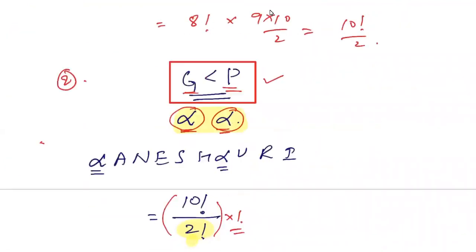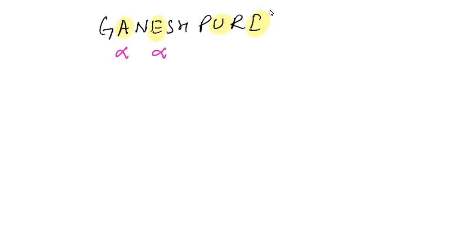So Ganesh Puri, again, for A, E, U, and I. These four, I'm saying, are in this case some alpha, not changing the order. So the total will be 1, 2, 3, 4, 5, 6, 7, 8, 9, 10: factorial 10 by factorial 4.